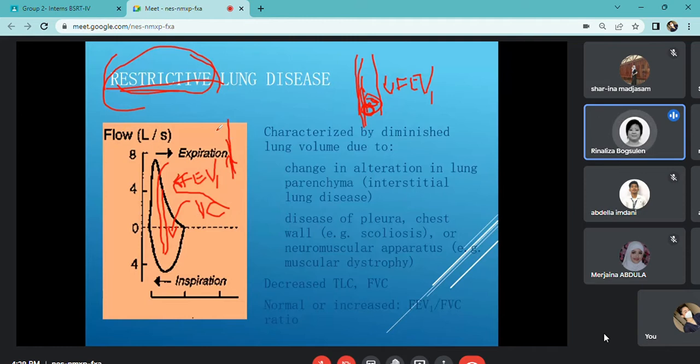So, kung lalabas itong hangin na to, konti lang din yung mailalabas mong hangin. That's the reason why your FEV1 will actually be decreased. Kuha? Okay. So, that is actually the reason why you have a decreased FEV1 in your restrictive lung diseases.